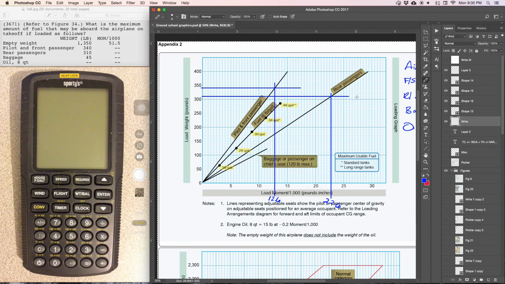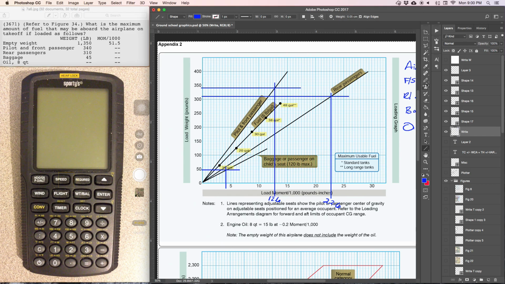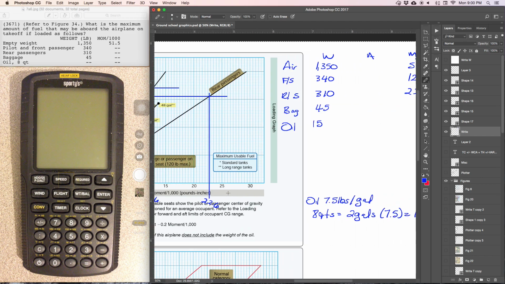Baggage, 45 pounds. And that's going to be slightly more than 4, so about 4.2.